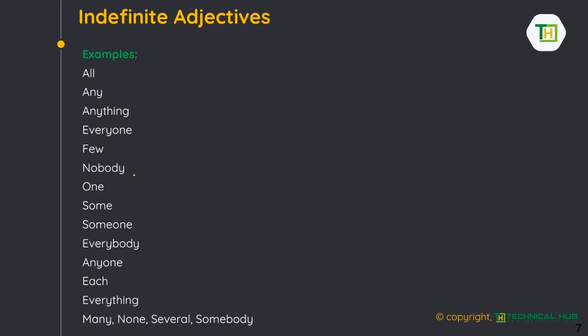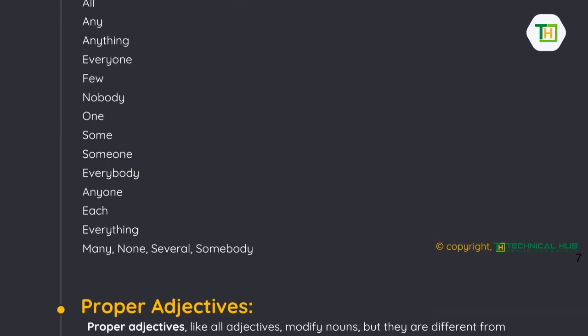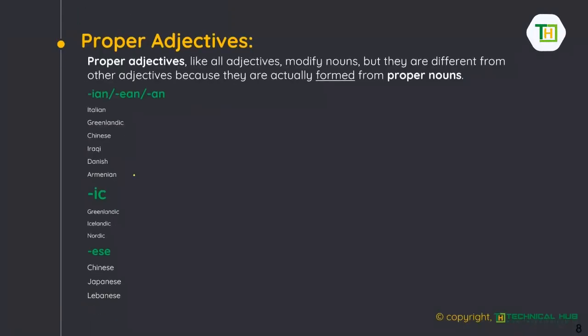Next one, proper adjectives. Proper means from which place you belong to. So proper adjectives, like all adjectives, modify nouns, but they are different from other adjectives because they are actually formed from proper nouns. So Italy, Italian: Italian noodles, Italian food, Italian artist, Italian player, like that you can use. Then Greenlandic, Chinese, Iraqi, he's an Iraqi, and Danish.